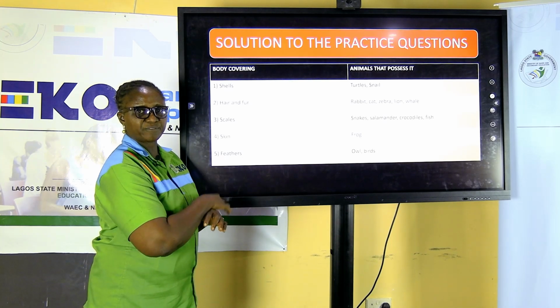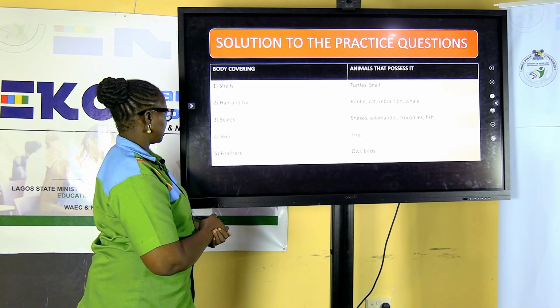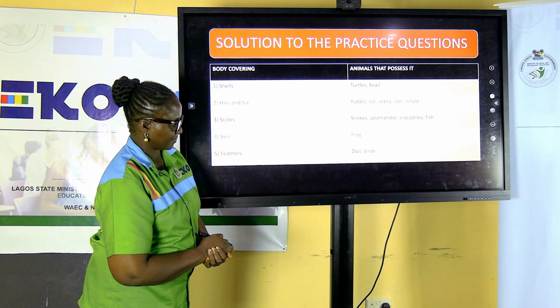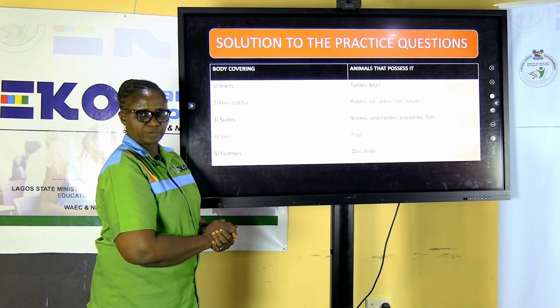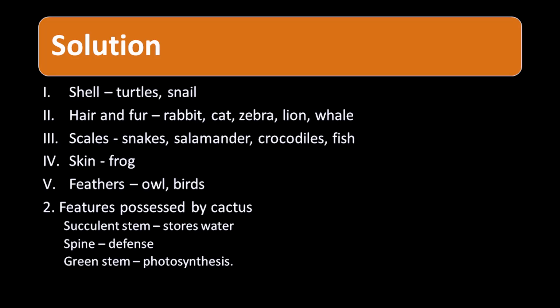Bony fishes, they have scales all over their bodies. Skin, it is a frog that falls into that category. It has a smooth body. And the last but not the least is the feathers, which is possessed by all birds.